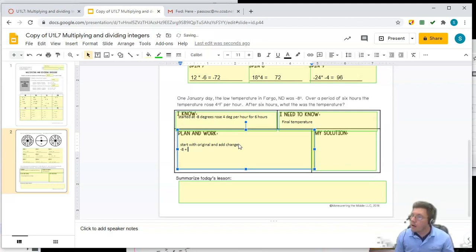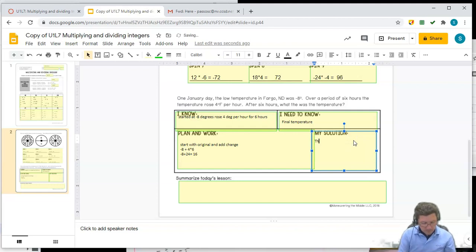Well, we had 4 times 6. Now we need to do our multiplication first to figure out our change. So we get -8 plus 24. The signs are opposite, so we're actually gonna subtract, and we're gonna get 16, and it's gonna be a positive 16. So the final temperature is 16 degrees.